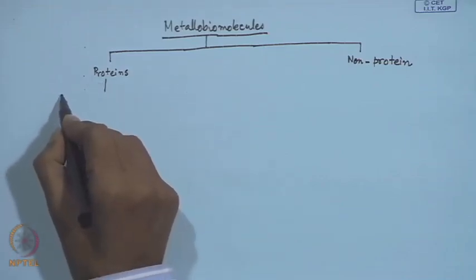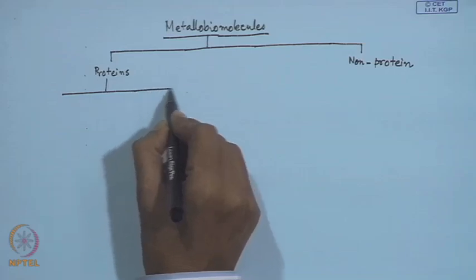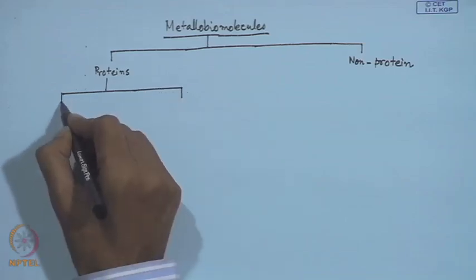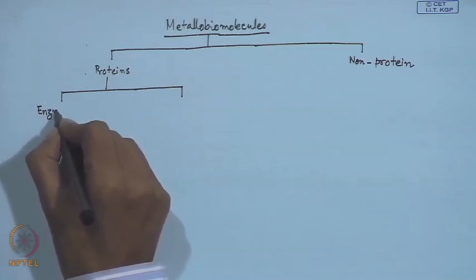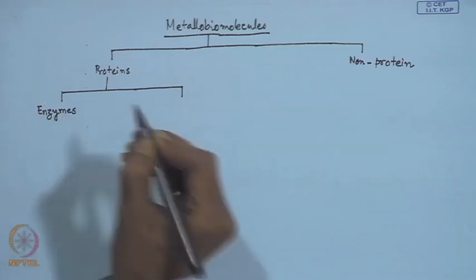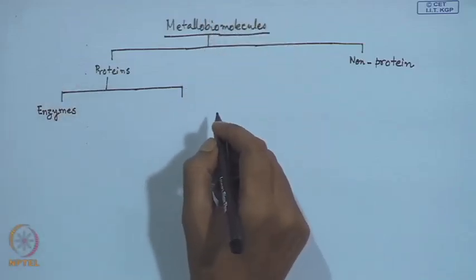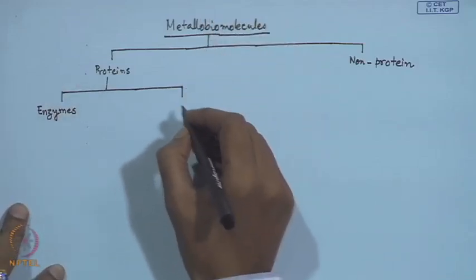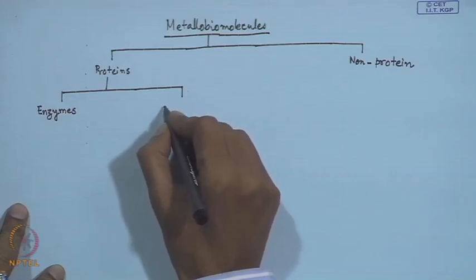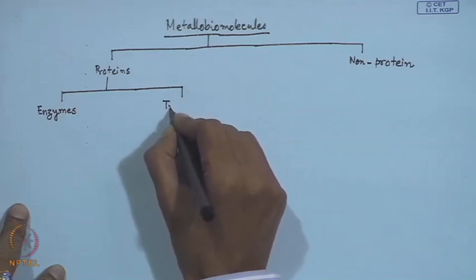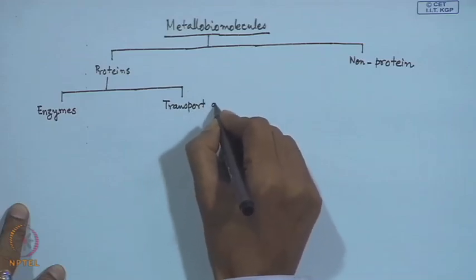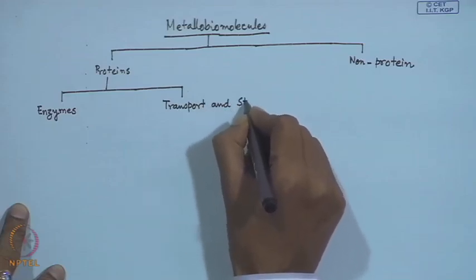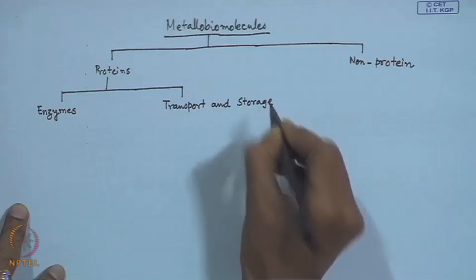In the protein part you can have the enzymes, and when you have the metal center, they are your metal enzymes. These protein parts can be further subdivided into two, and the other part is transport and storage.